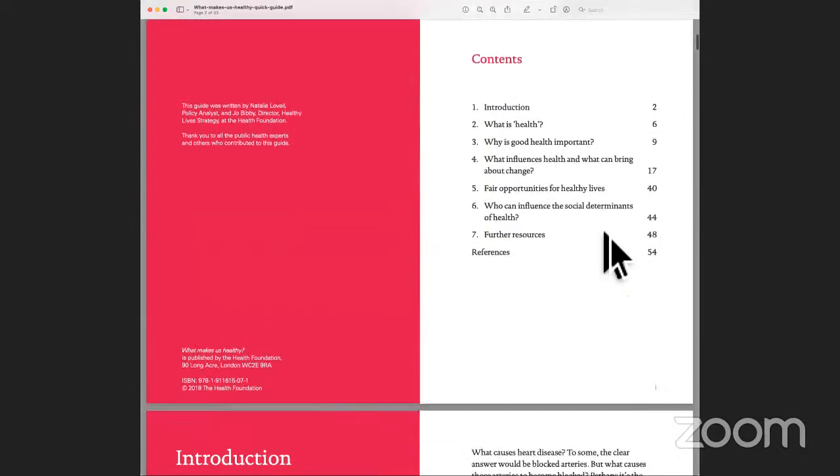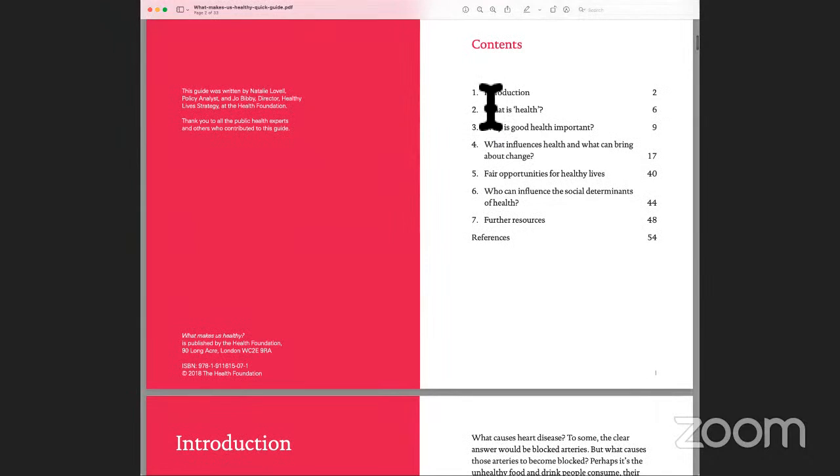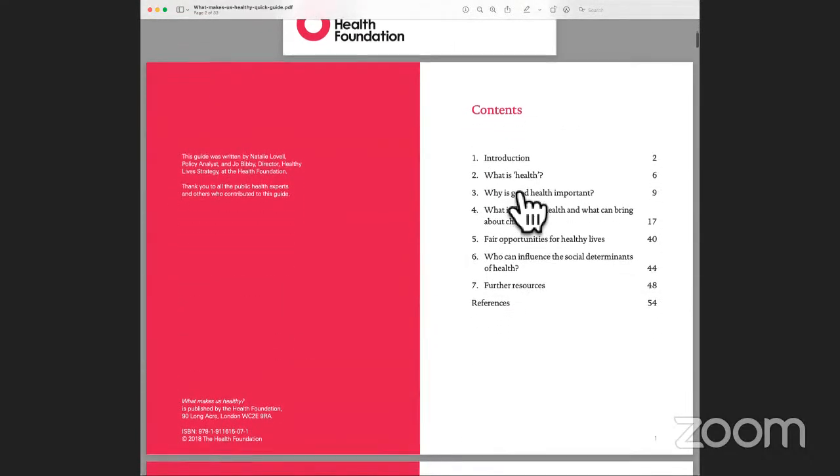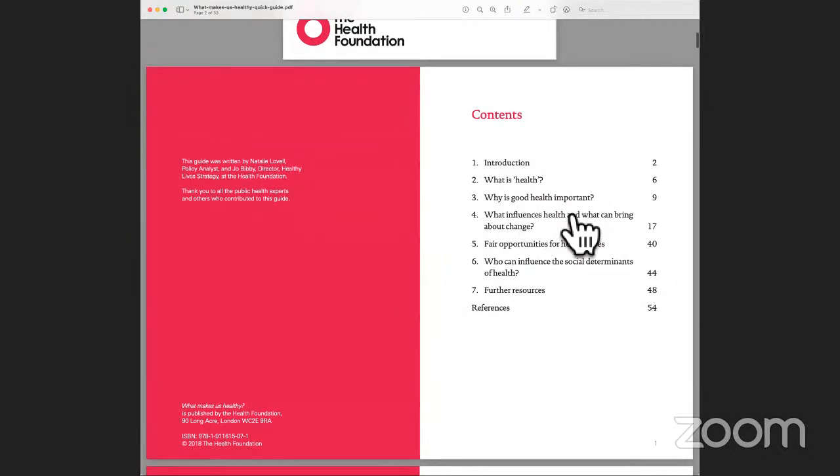I looked at this particular topic, in which the report clearly starts off with an introduction and talks about the topic in detail, which is health determinants, what makes us healthy. So it helps me build arguments about what is health, why good health is important, and why health is influenced by social determinants, things like your age, income, area of living, ethnicity, and background.